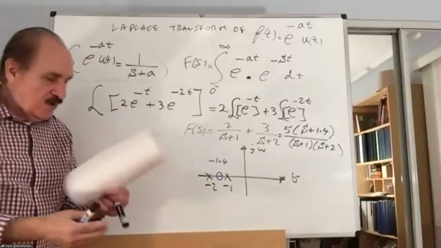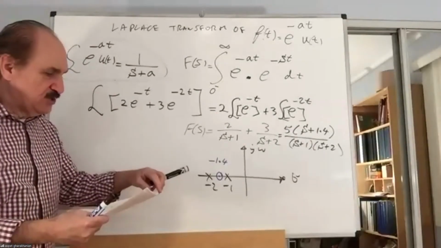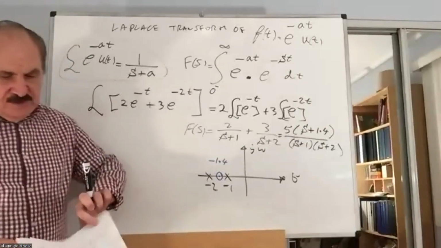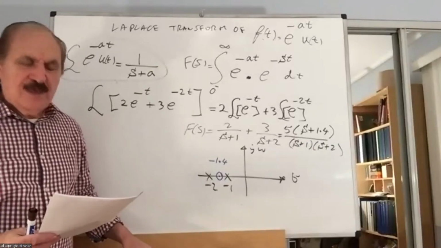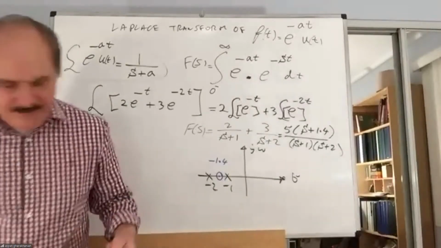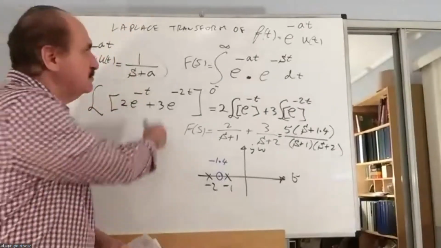That's the start of the application of Laplace transform. So this was page 3 of the lecture notes. Then we're going to get into real problem solving. Okay, now, do you have any questions, please ask?